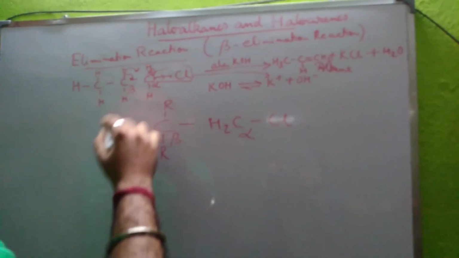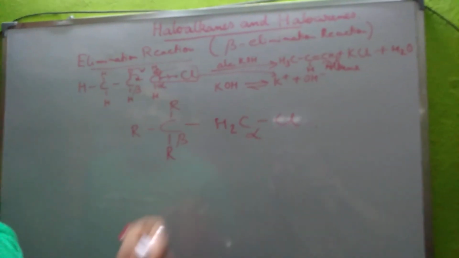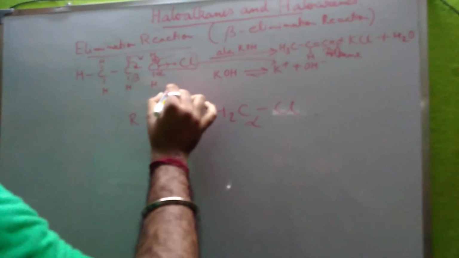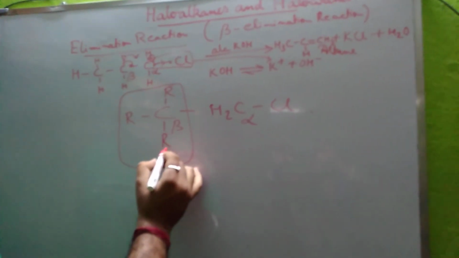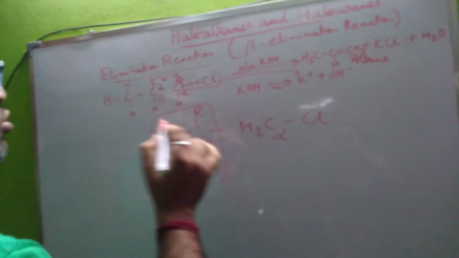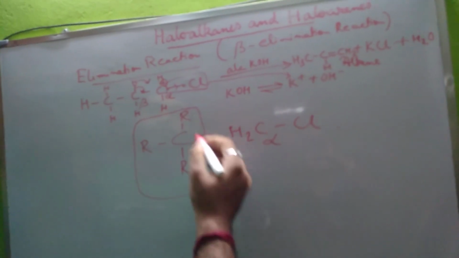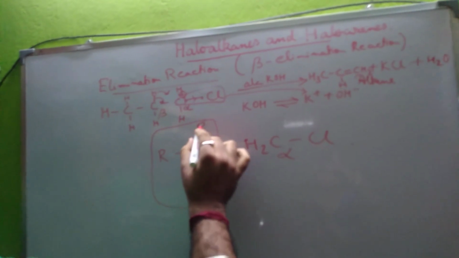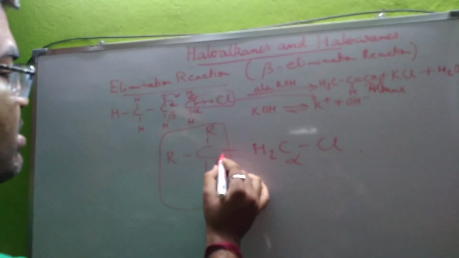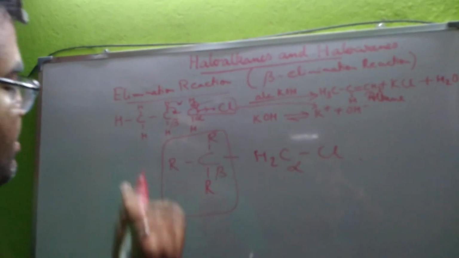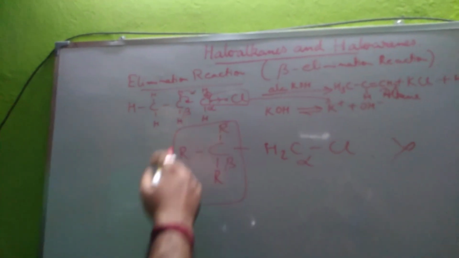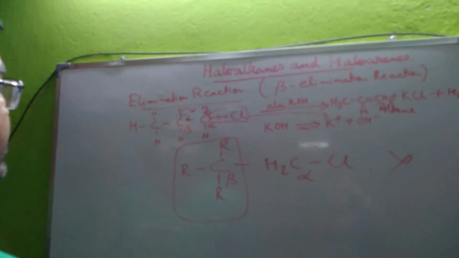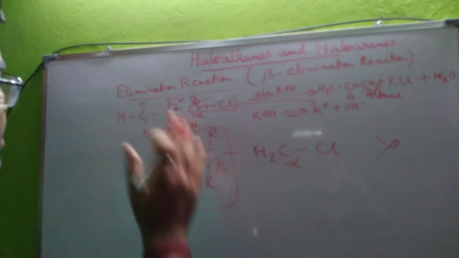Will beta elimination take place here? No. Why? Because the beta carbon does not possess any hydrogen. There should be at least one hydrogen to carry out beta elimination, so that the hydrogen can go out and form a double bond with this carbon. Therefore such structures, with a beta carbon having no hydrogen, will never participate in a beta elimination reaction.